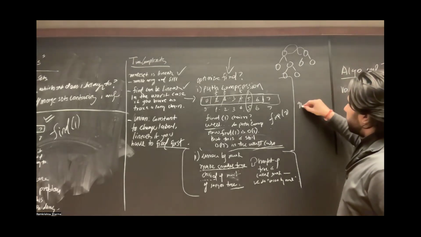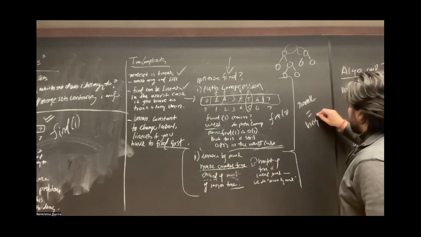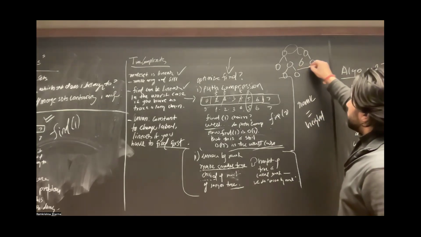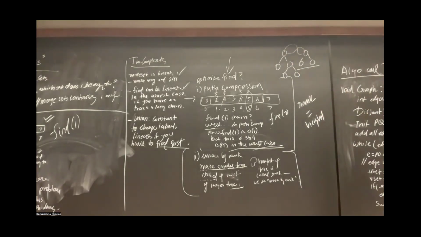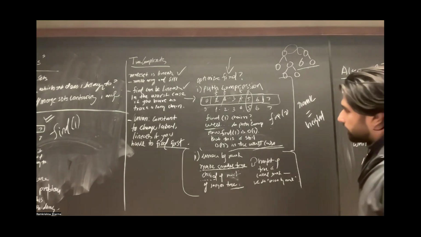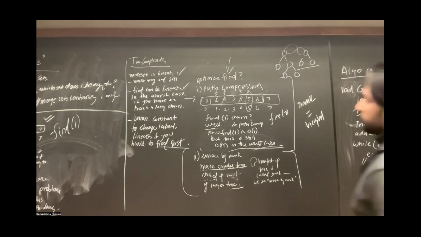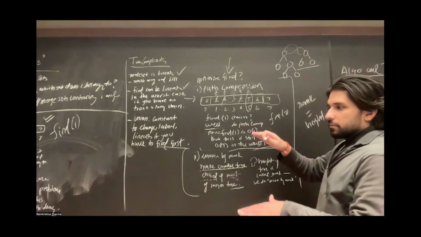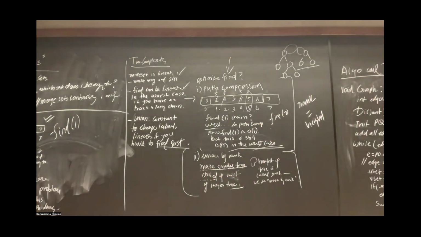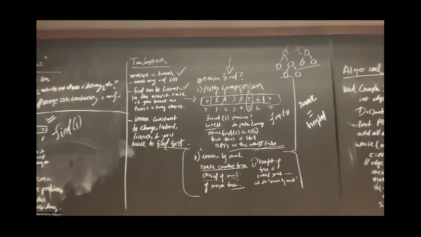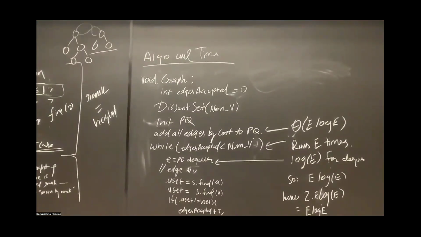So if rank is synonymous with the height of the tree, union by rank says take the smaller tree and make its root the child of the tree of the larger rank. Which, of course, reduces traversal time because the tree is consistently the same height, and therefore you no longer have to actually traverse a higher tree, which helps in terms of time complexity.